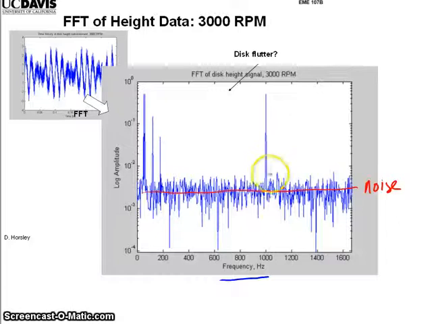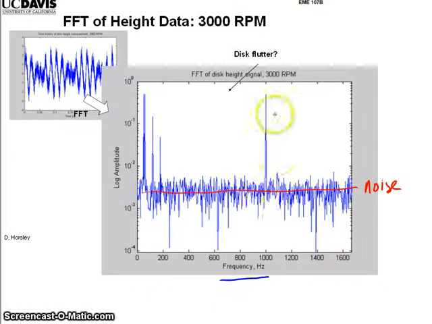It gives me a peak that corresponds to the sine wave that matches something present in the data. So I've got a peak here somewhere around 1,000 hertz, or 1 kilohertz, and I have 1, 2, maybe 3 lower frequency peaks below 200 hertz. This was recorded at 3,000 RPM.